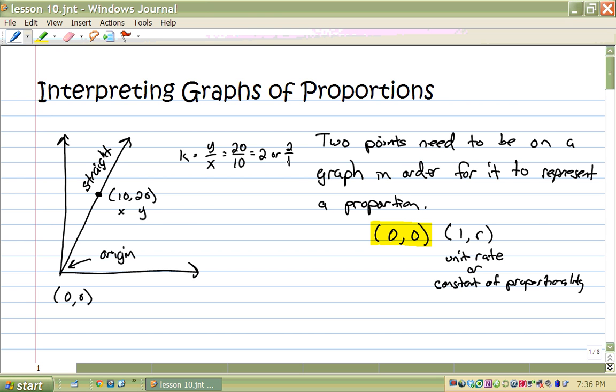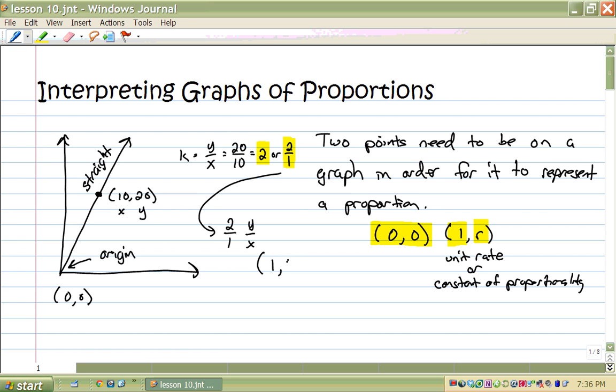Okay, because this, I'm going to bring it down here, 2 over 1, remember that this is your y and this is your x, would give you 1 for your x, which represents this one right here, and then this part right here, the r, is what your constant is, the 2.